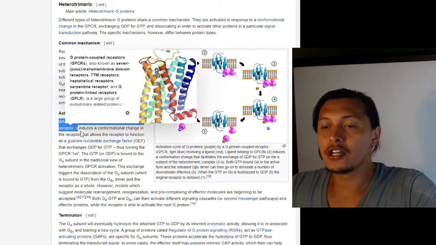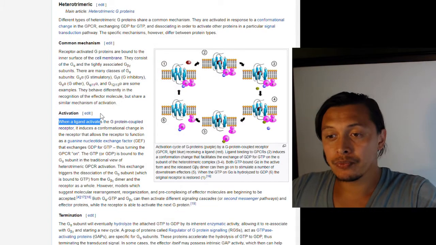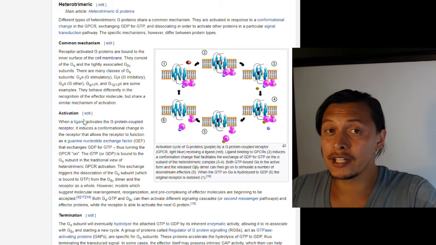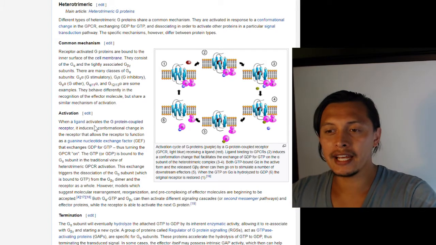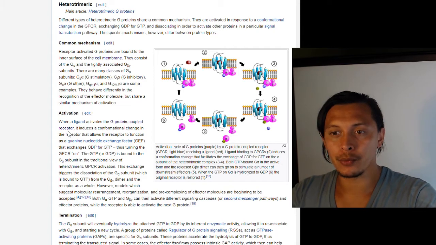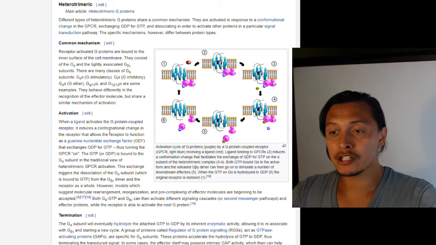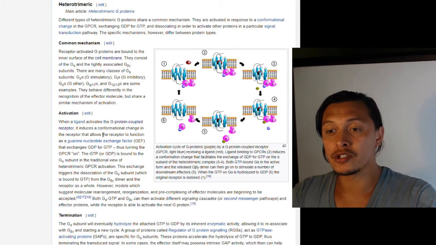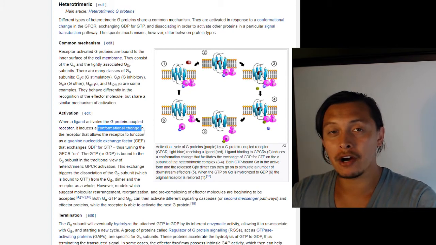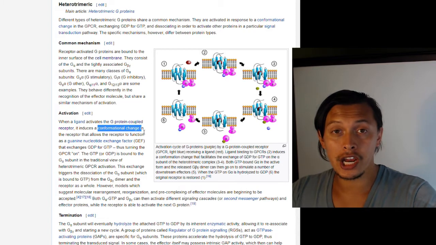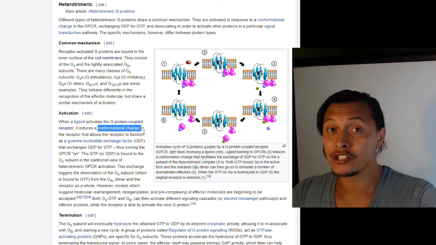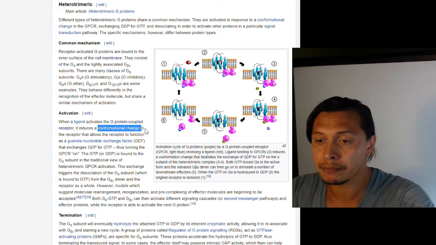So activation: when the ligand, and in our case we are going to consider the ligand to be the melatonin molecule, activates the G protein coupled receptor, it induces conformational changes in the receptor. Conformational change is biochemical jargon for this molecule will change shape, and by changing shape, it changes its function in some way.